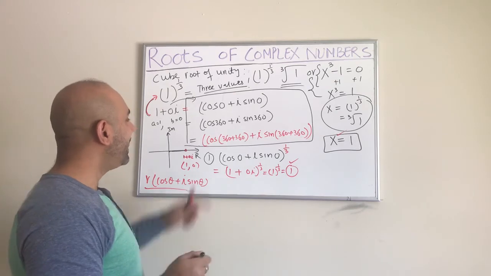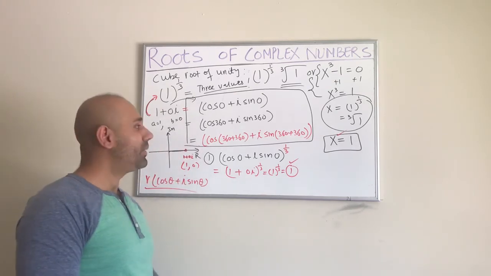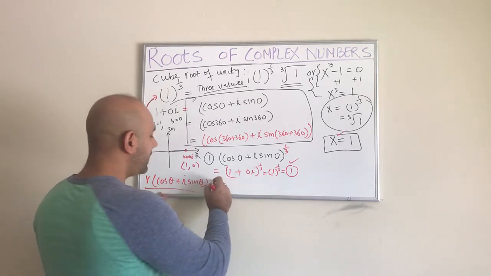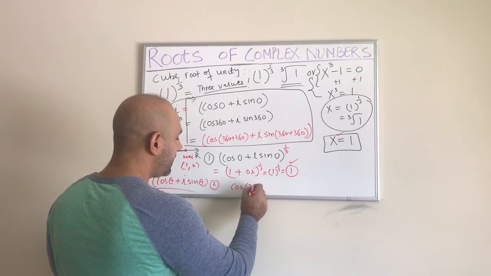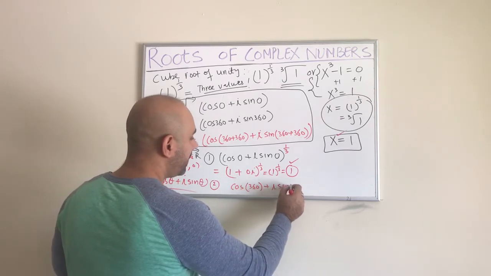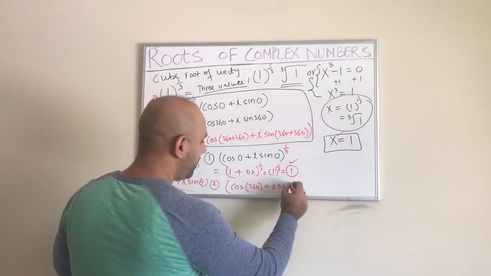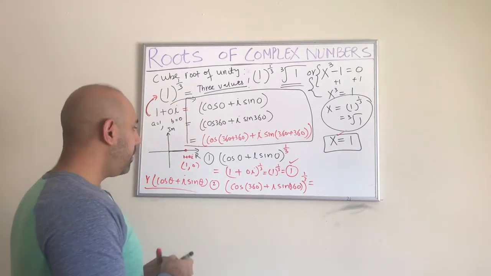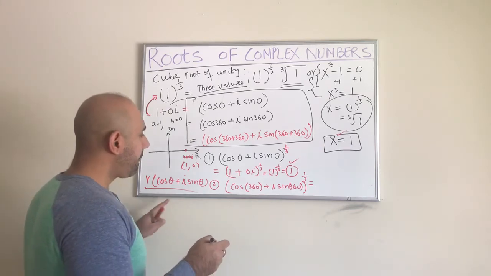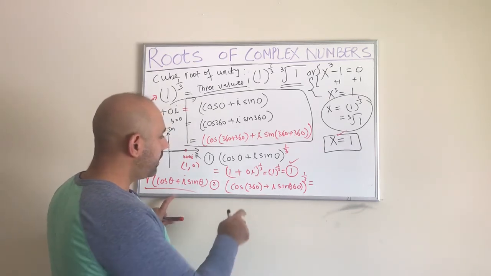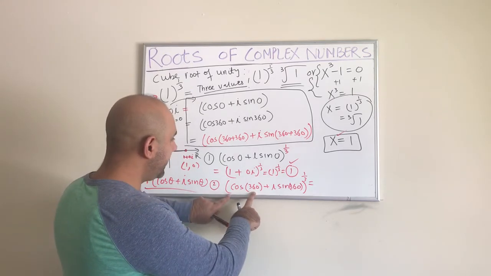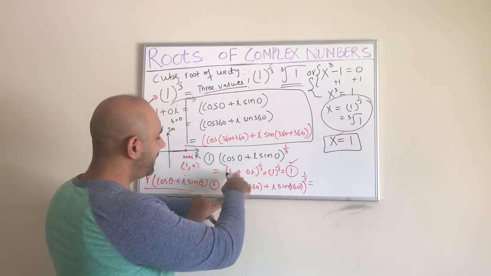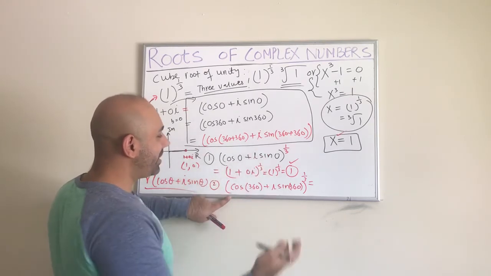But now let us look at the other 2 values, because those are the ones that are going to be interesting to us. So let us start looking at the second one. Guys, for the second one, we have cosine of 360 plus I times sine of 360. Again, I got to raise this to the power 1/3. So in here, guys, what are we going to do? Well, what we should do first is, and I could have done the same thing here as well. Well, this was very simple, so that's why I did not really use the de Moivre's theorem.